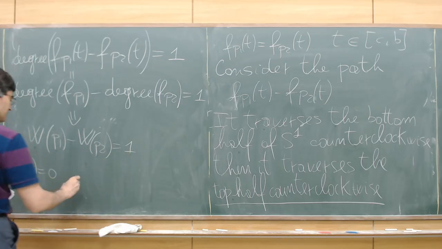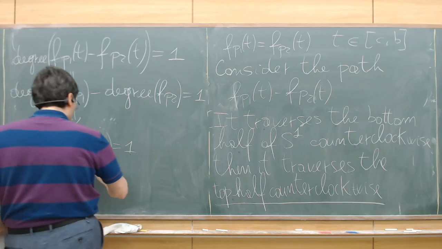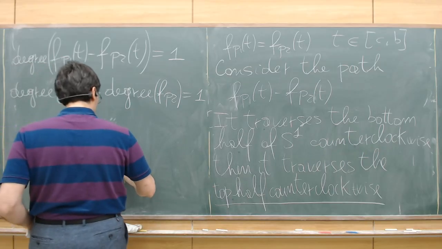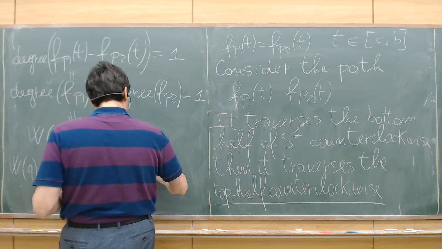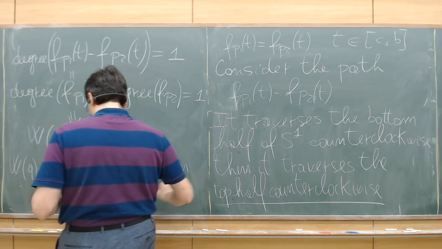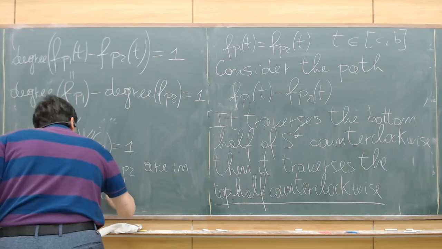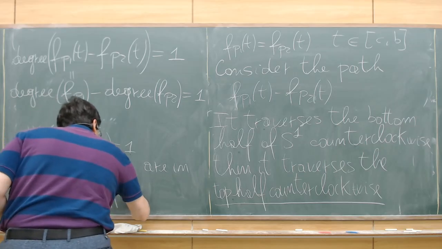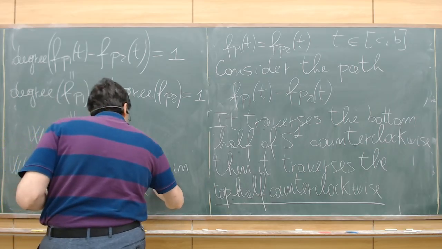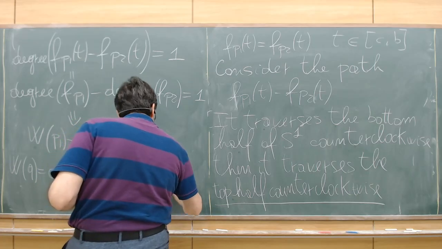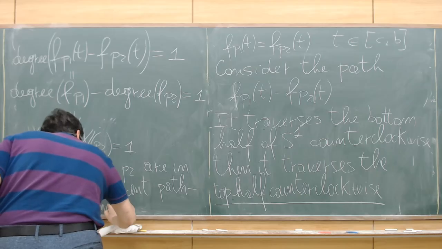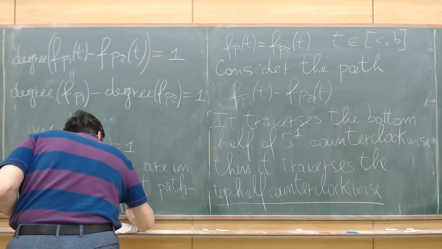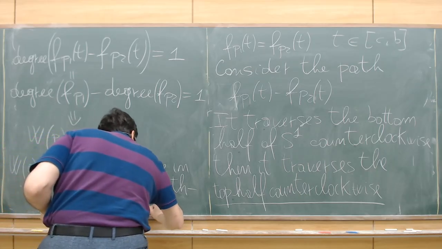So this says P1, P2 are in different path connected components.